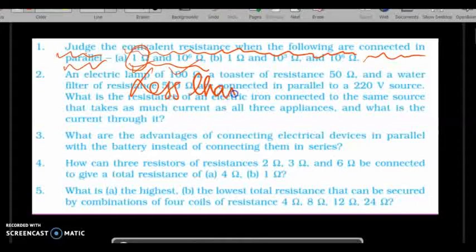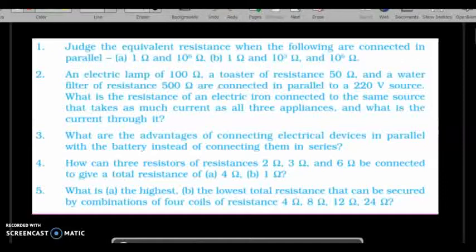So the equivalent resistance should be less than 1 ohm. That should be the answer. Now the next one. The same thing, but he has given us 3 resistors now: 1 ohm, 10 power 3 ohm, and 10 power 6 ohm.